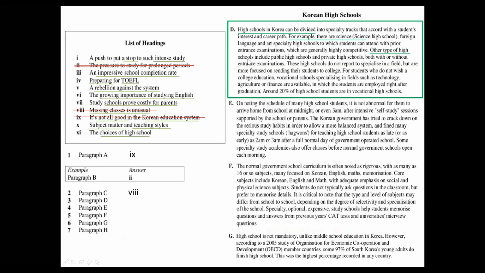Other type of high schools include public high schools and private high schools. So this paragraph talks about high schools and the type of that, similar to the choice of high school. So the correct answer must be heading 11. And we've done the paragraph D.